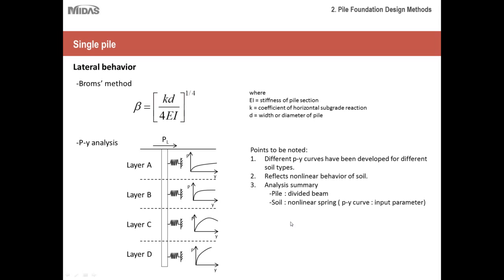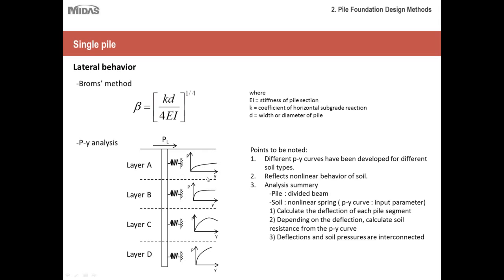So let's quickly go over this p-y analysis process. First step is you have to calculate the deflection of each pile segment. So for every segment you'll apply a P, which is a lateral load, and check what is the displacement or deflection that is occurring. Then depending upon the deflection, you have to calculate how much resistance the soil is offering based on the p-y curve you have. These deflections and soil pressures, as you can see from the p-y curve, are interrelated.